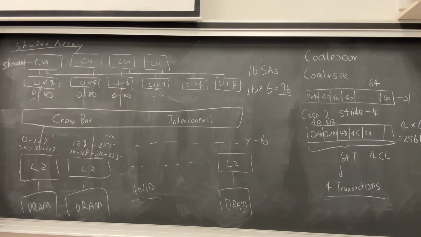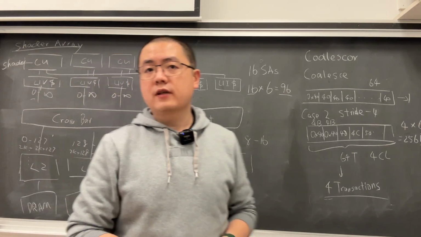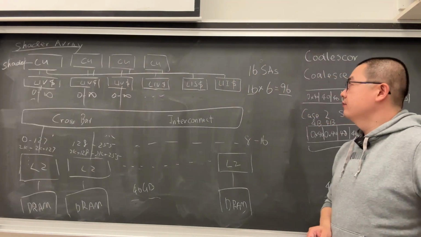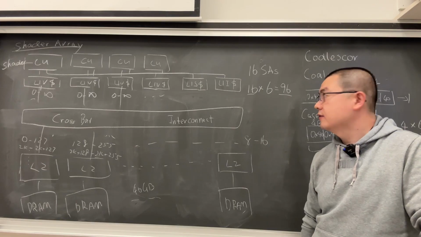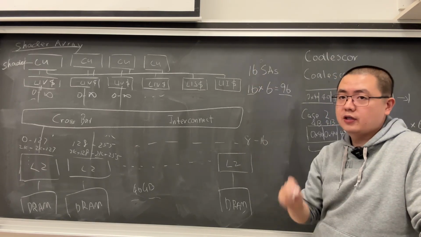Then that's only 16 shader arrays, right? Think about the future generations of GPUs. MI100 has 120 compute units. These are only 64 CUs, 120.